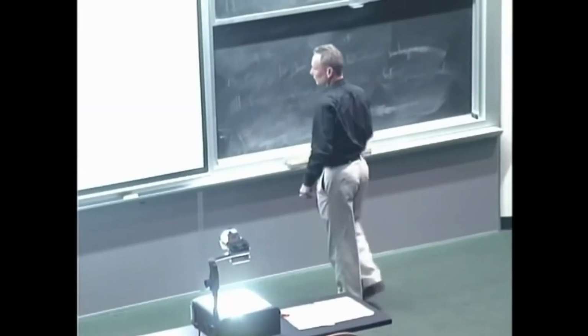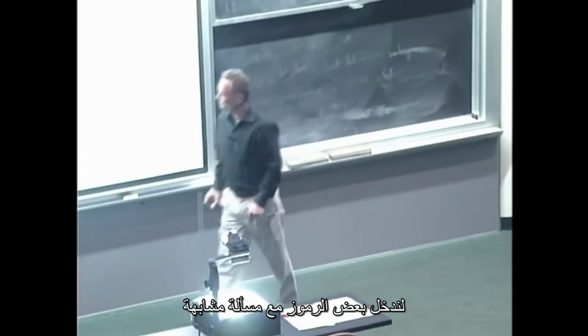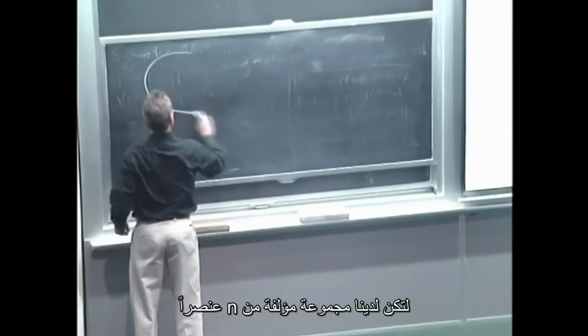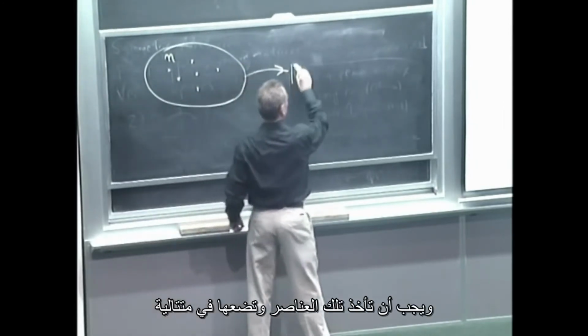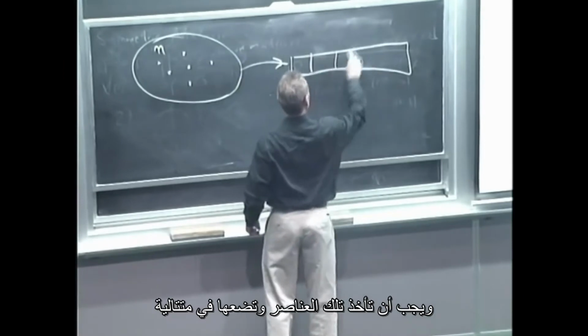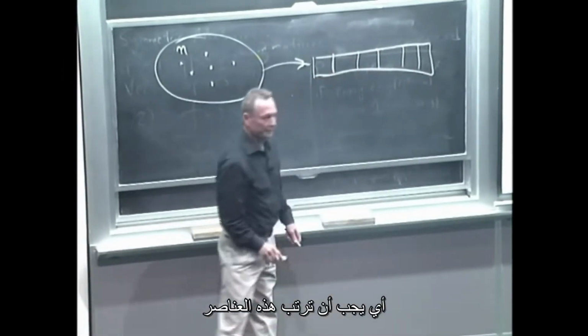All right, so now let's bring some symbols in, a related problem. You are given a set that consists of n elements, and you're supposed to take those n elements and put them in a sequence. That is, to order them.